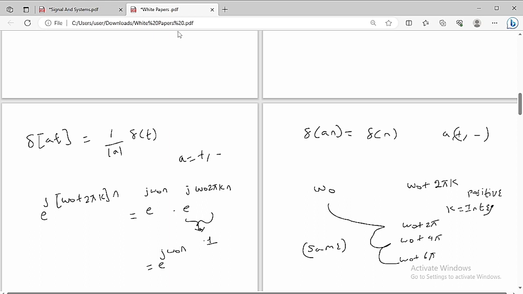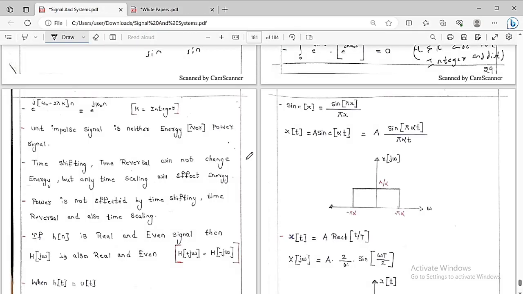So if a signal has frequency omega naught, and the other signal has frequency omega naught plus 2 pi k, where k is a positive integer, in the discrete time domain both signals will have the same graph. So this one you have to keep in your mind.